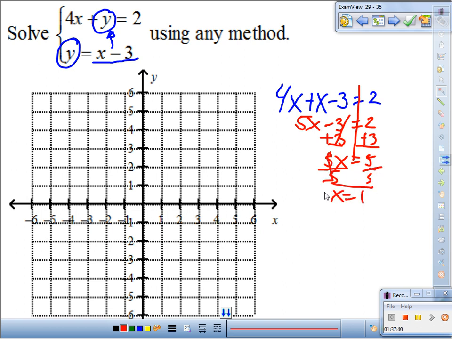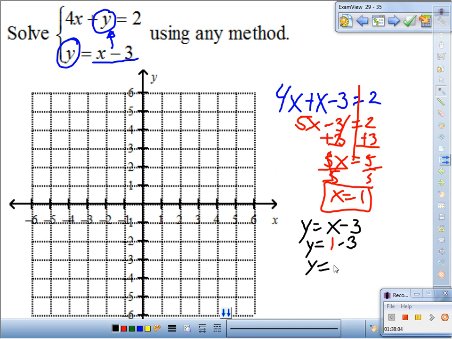x equals 1. What do we do with that value? Substitute again into one of the two equations. I'm going to substitute into the second one. So I write y equals x minus 3, but instead of x, I substitute the value of 1. So this is y equals 1 minus 3.